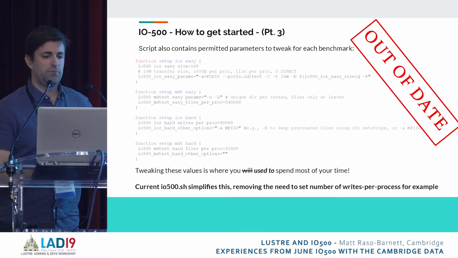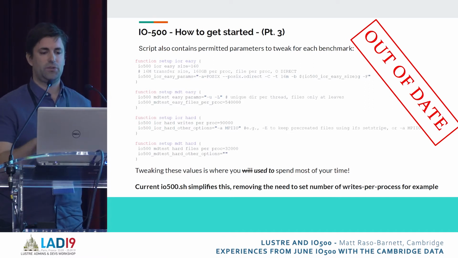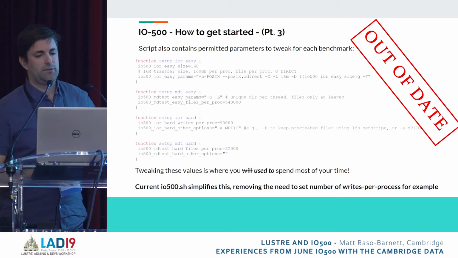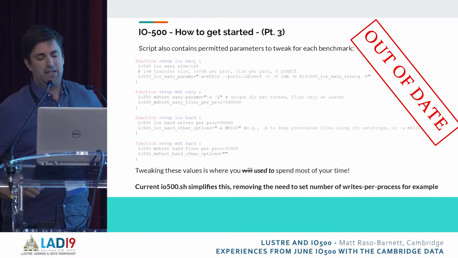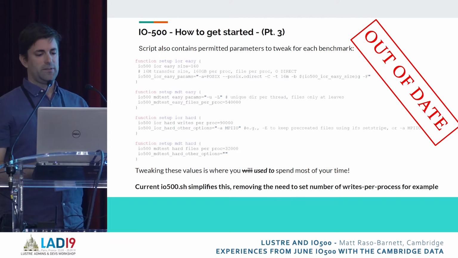And then there's also some functions for setting the parameters on the individual tests themselves. So I've put an example here, and this is from the script that I used in June, but I've noted that it's partially out of date because the current IO500, if you clone it today, they've removed some of the need for setting specific numbers, such as here, setting the IOR easy size.